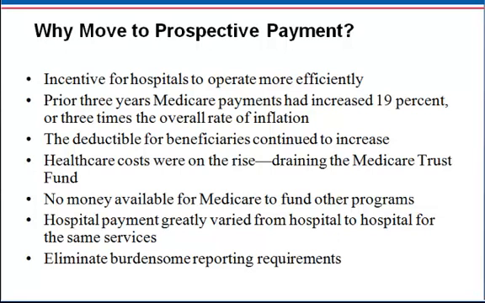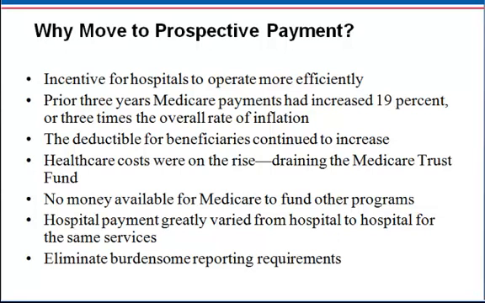So why were they moving to prospective payments? All the reasons are listed on this slide. It was an incentive for hospitals to operate more efficiently. The prior 3 years, Medicare payments had increased 19%, or 3 times the rate of inflation.